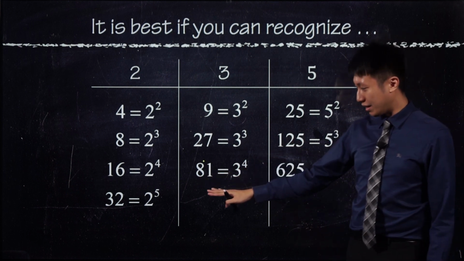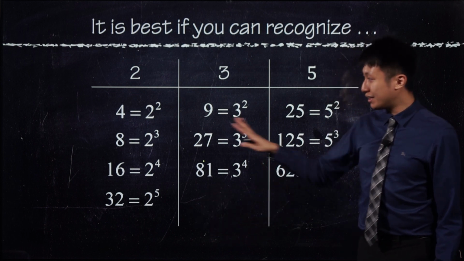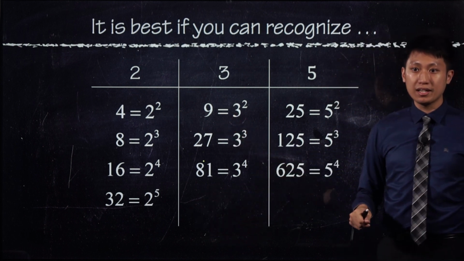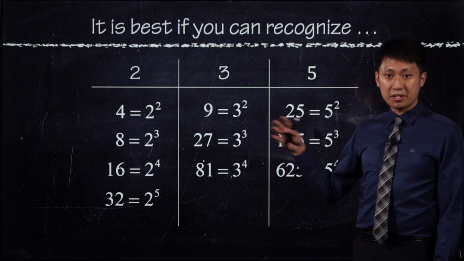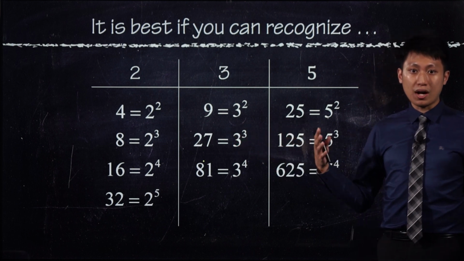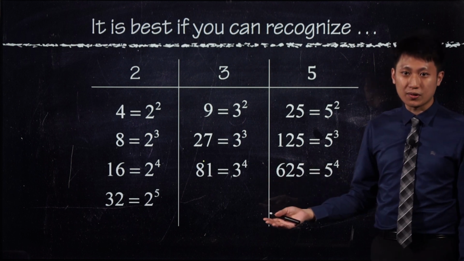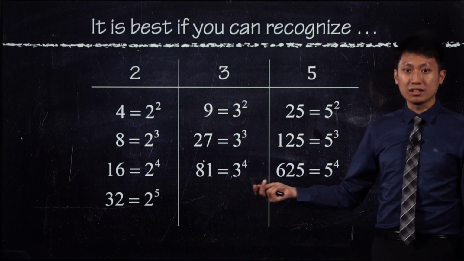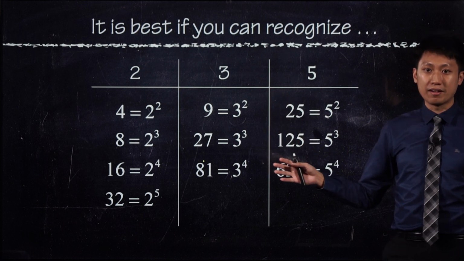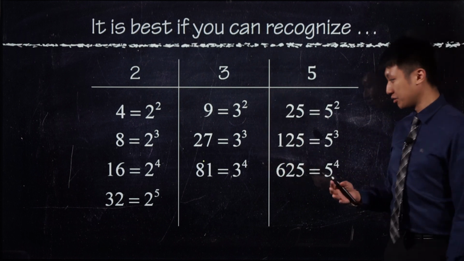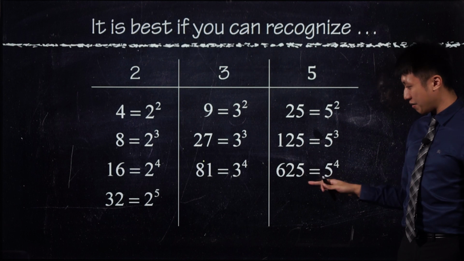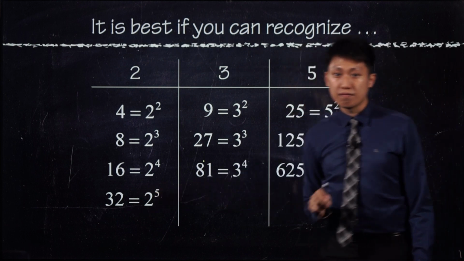Okay, I'm not going to list so many, because these are the numbers that commonly occur in your exam. You can't expect the teachers to let you know that 1024 is 2 to the power 10 and so on, because those numbers are too big, and it's not good for you either. So you just need to have until here, and that's it.